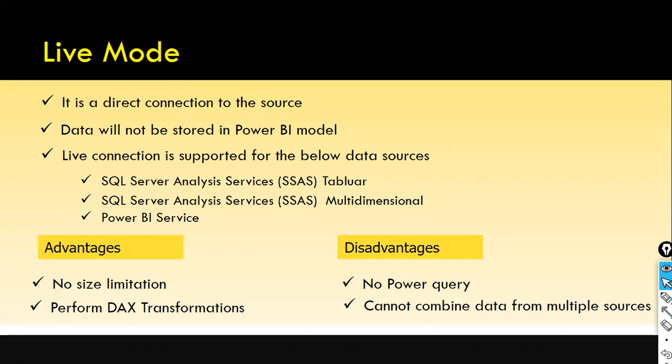So the cube is nothing but, if you want to view the data in multi-dimensional, that is possible. For example, your manager wants to see region-wise, quarter-wise, category-wise sales performance.